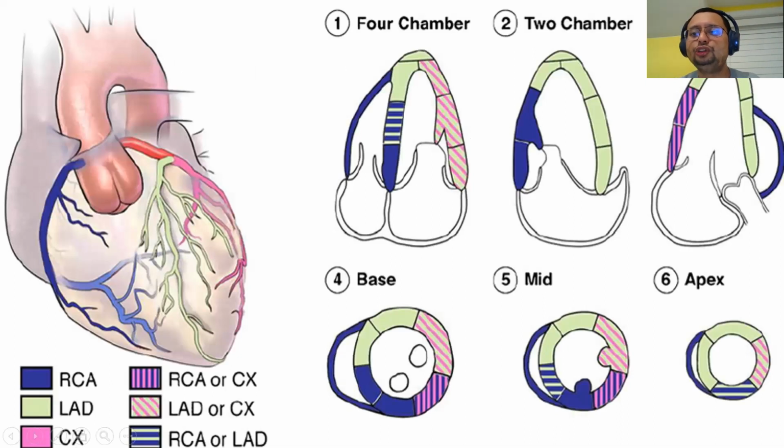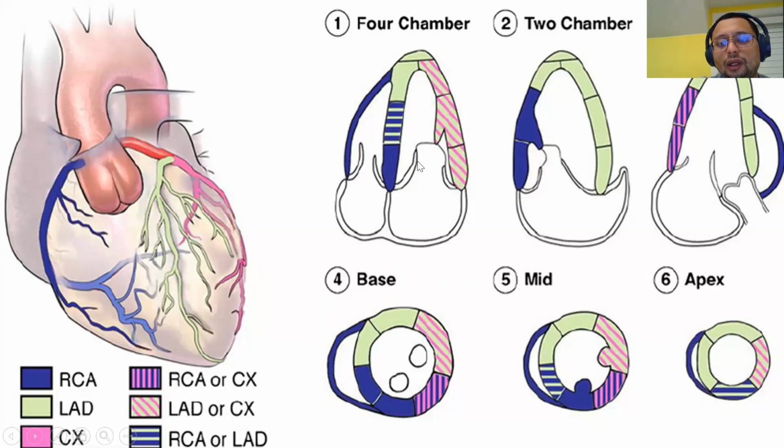Let me illustrate with this picture. You can see the three images here: 4 chamber, 2 chamber, and 3 chamber long axis view. If you look at all of these, you will see all 17 segments of the left ventricular wall. The same goes for the bottom one: if you see all three, you see all 17 segments of the left ventricle wall. How do we name these segments? One tip is to divide into base, mid, and apical.